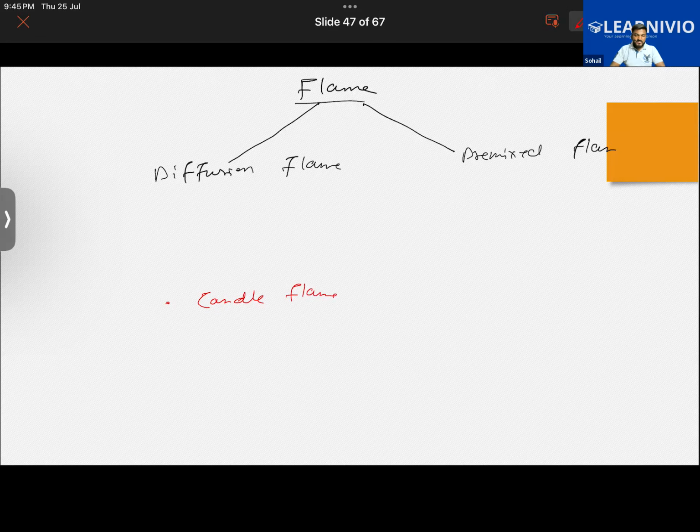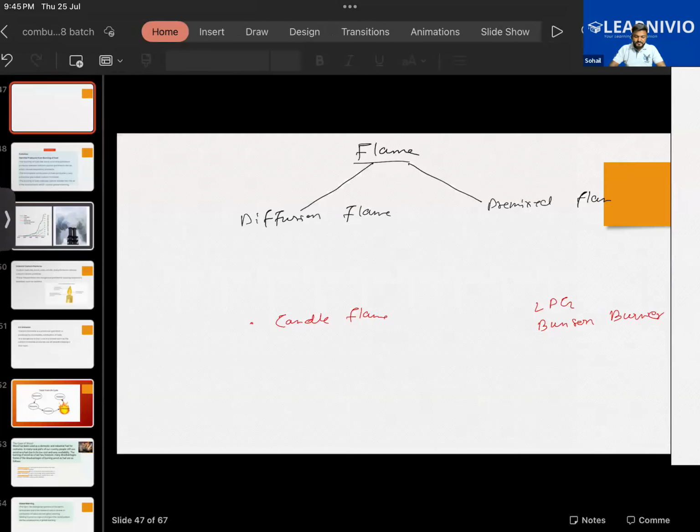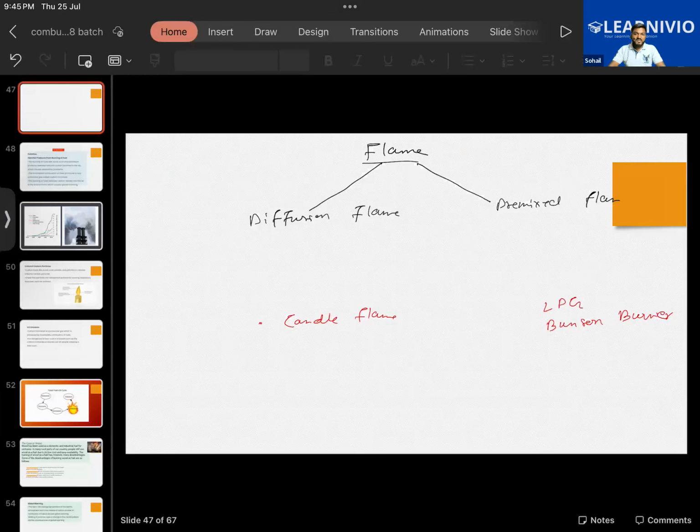Or the kind of flame that you see in the case of liquefied petroleum gas, or a Bunsen burner used in the laboratory. You know about the Bunsen burner or not? Yes, sir. You know about this, then that's good. Particularly in a chemistry lab, it would be available.